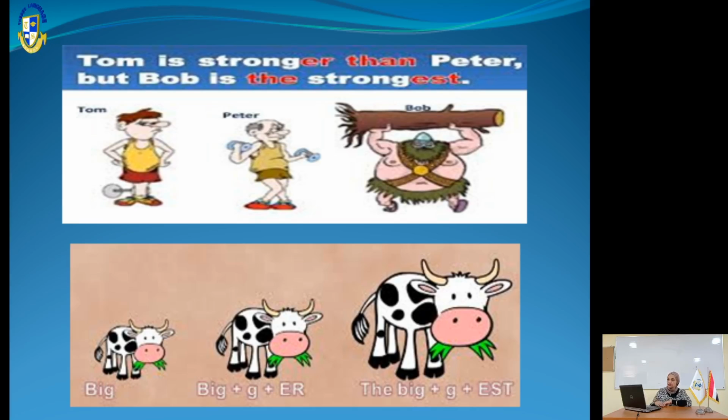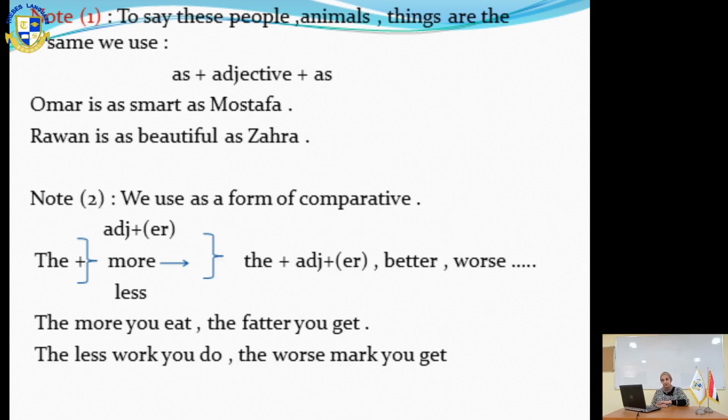Now let's move to slide 5. We have another kind of comparing. For example, if I want to say that both of them are the same, no one is better than the other, or no one is shorter or smaller or bigger or cleverer than the other, what do we have to say?